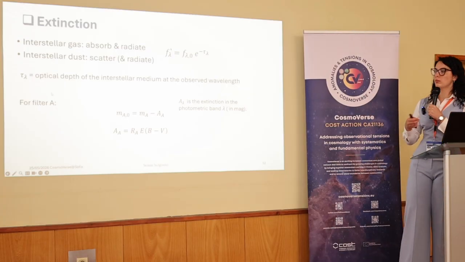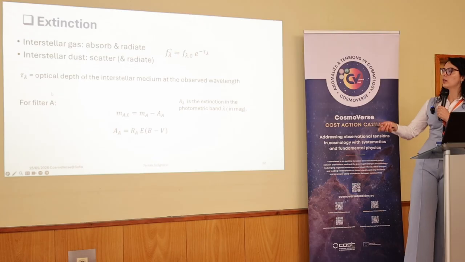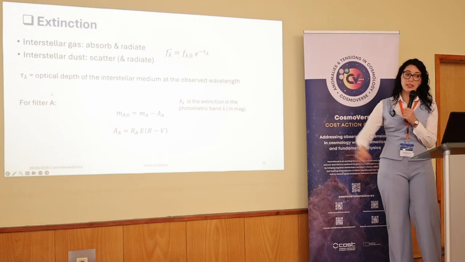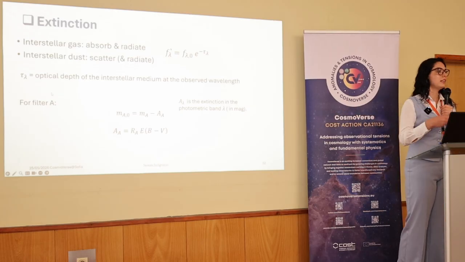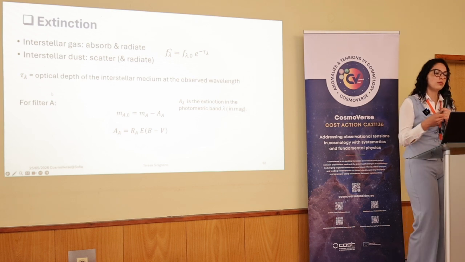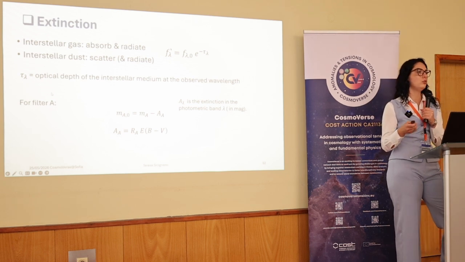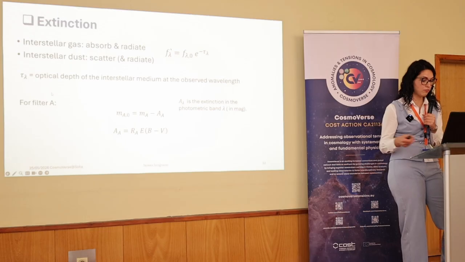Then we also have to multiply the extinction law by the extinction itself, that is measured in another independent way, observing the dust and making maps of the Milky Way.